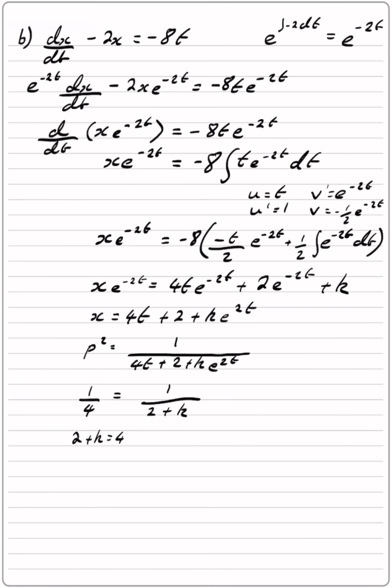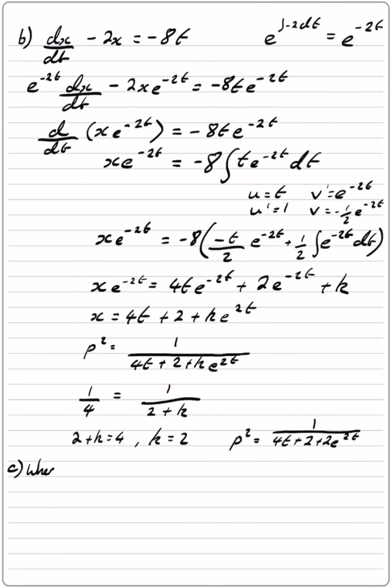And we can solve that to find that k must be equal to 2. And we have our final solution to the differential equation. So p squared equals 1 over 4t plus 2 plus 2e to the 2t.